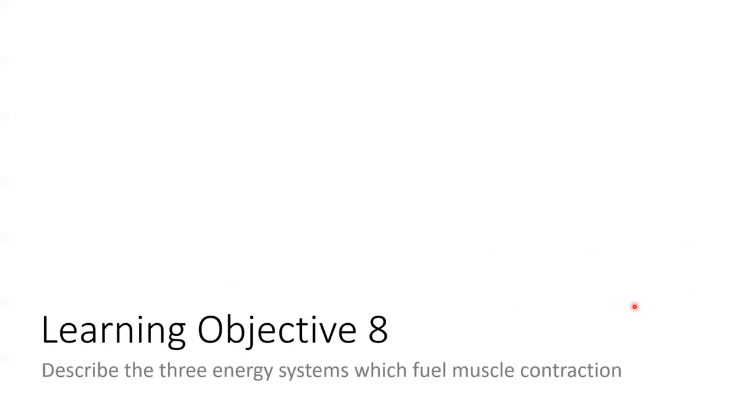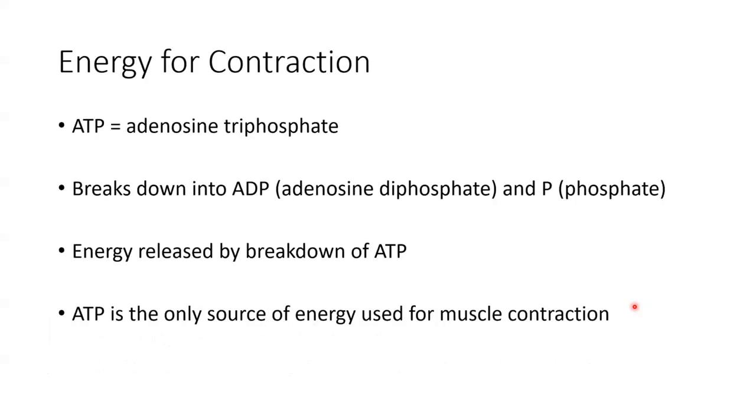Our last learning objective is to describe the 3 energy systems which fuel our muscle contraction. To begin with, our muscles use ATP, or adenosine triphosphate, to fuel muscle contraction. We spoke about this when we looked at our cross-bridge cycling.